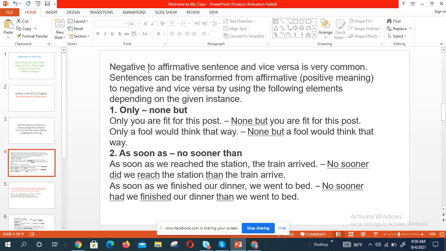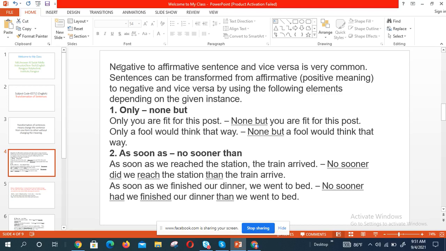Now you have to change negative to affirmative. If you are given a negative sentence, you may be asked to make it affirmative. So how can we change it? Negative to affirmative sentence and vice versa, affirmative to negative. It is very common.